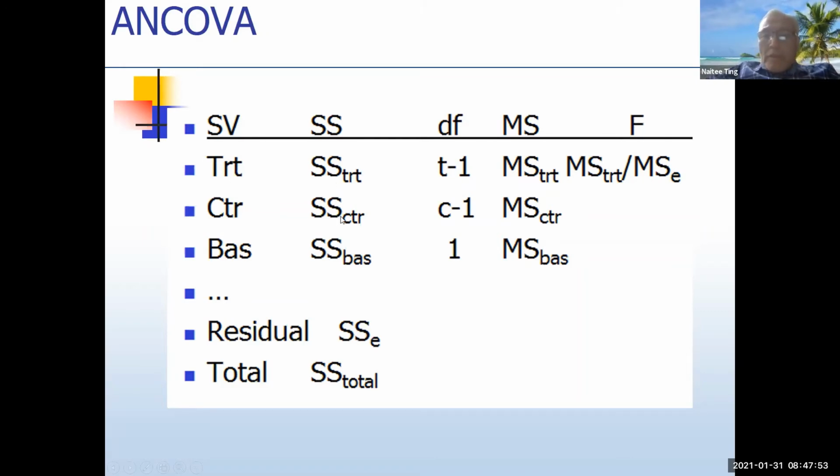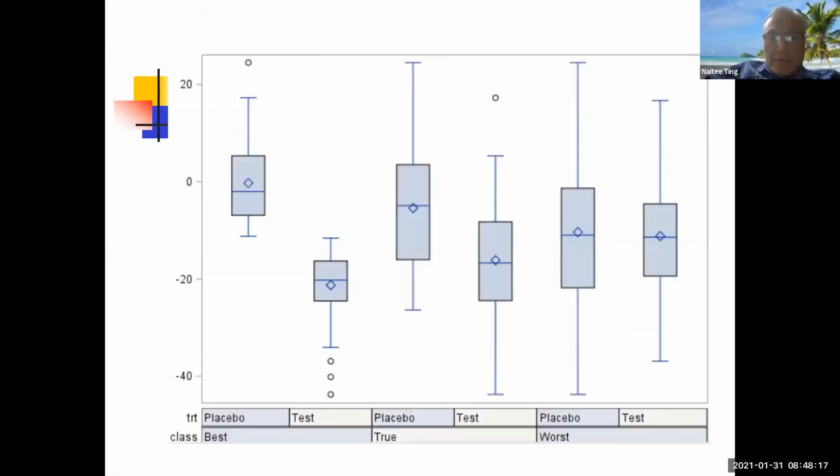In drug development, we're looking at y t bar minus y p bar, the test drug mean minus the placebo mean, divided by the standard error. If the drug is extremely good, it doesn't matter how big your denominator is, because y t bar minus y p bar is a huge value.